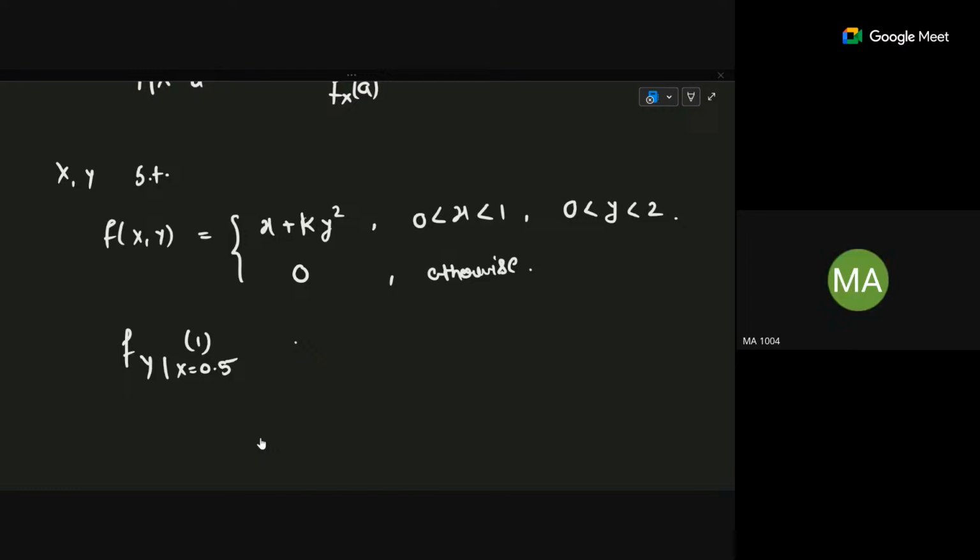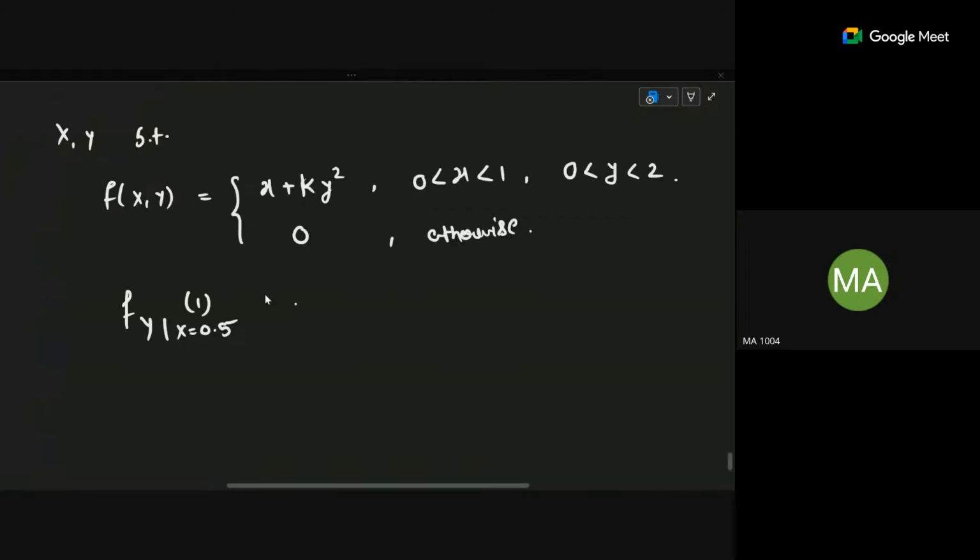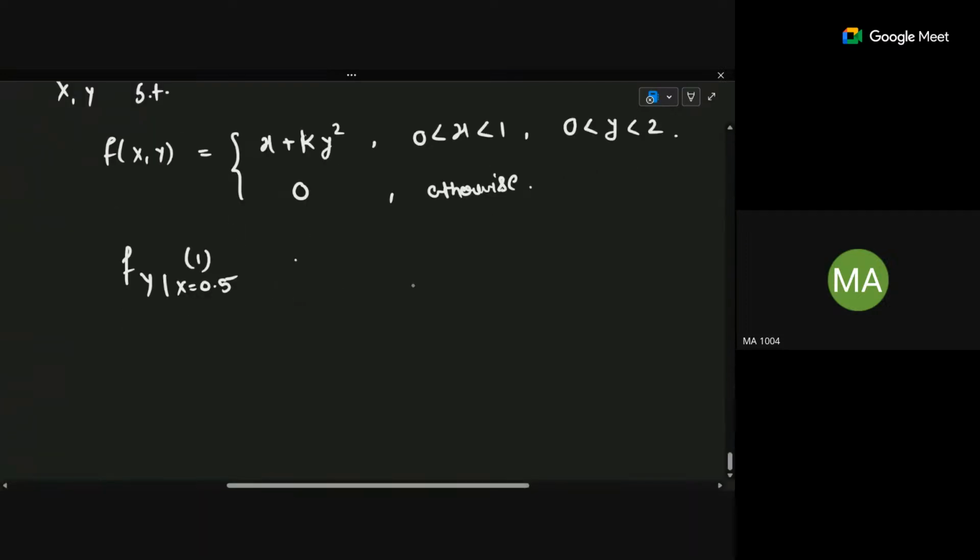If you are wrong at k, the conditional density will also go wrong, right? So how to calculate the value of k?